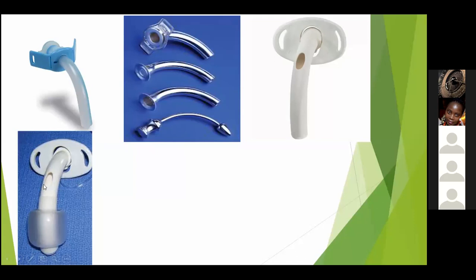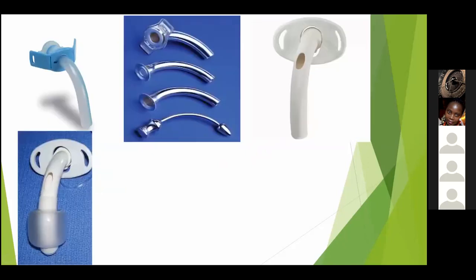So for this tube, you can actually have some air escape through this fenestration, and it goes to the larynx through the vocal cords, so they can have a voice. They can phonate. Same applies to this one. This one has no cuff, so you have a cuffed fenestrated tube and then an uncuffed tube.